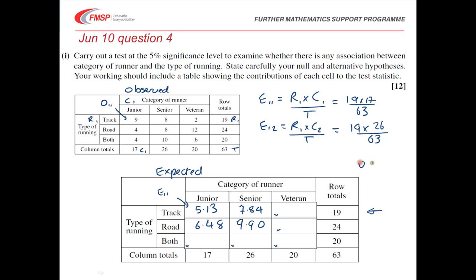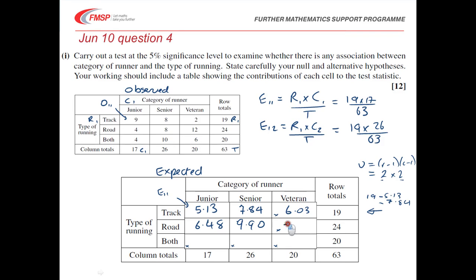There is a quicker way of doing this, which is row minus 1, column minus 1, which is going to be 2 times 2. So it tells me that there are 4, but it allows you to speed things up. To work out veterans, you can do 19 minus 5.13 minus 7.84, because these have to add up to 19. So this gives you a quick way of working all these out.